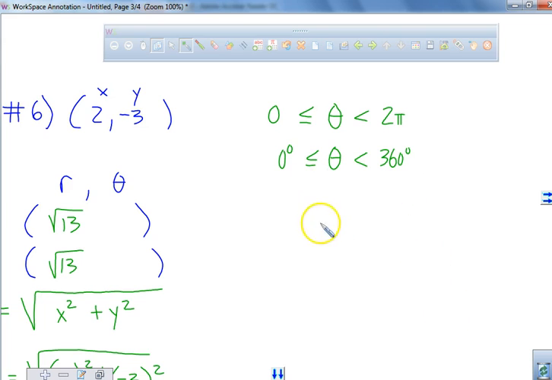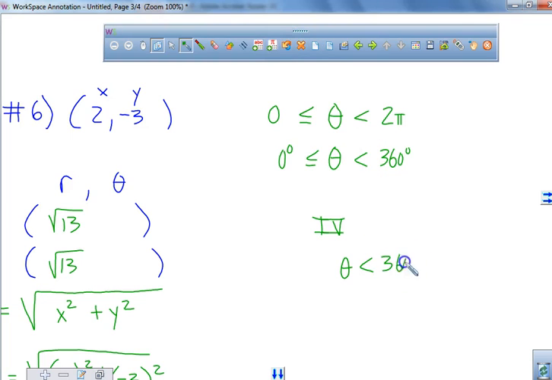So in quadrant 4, theta has to be between 360 and 270.